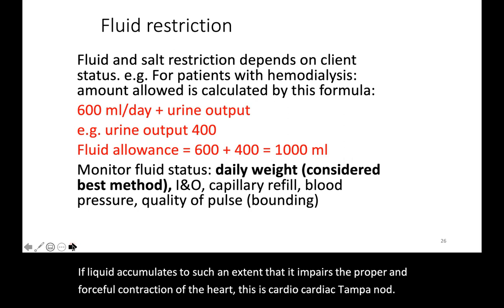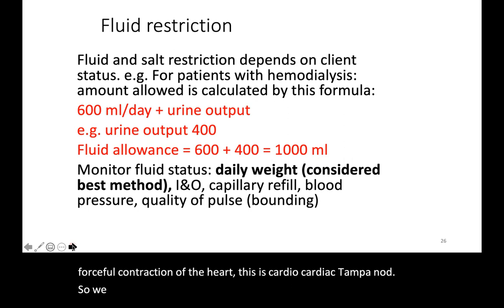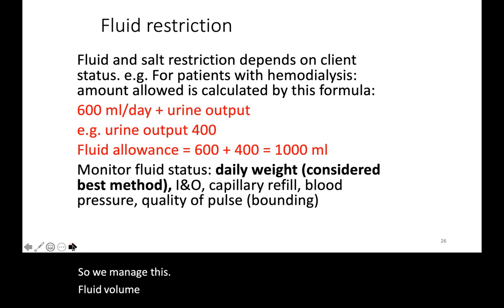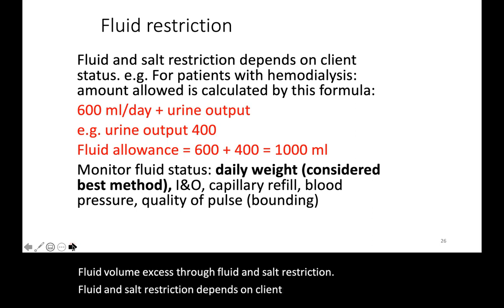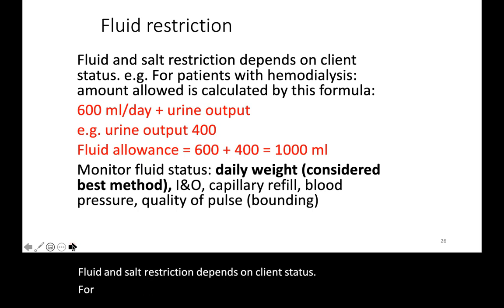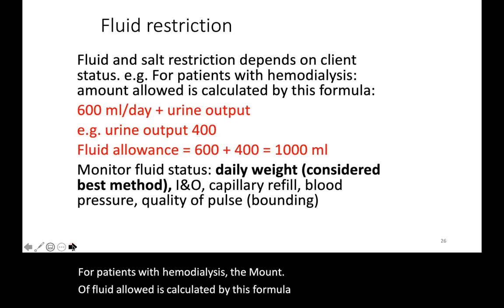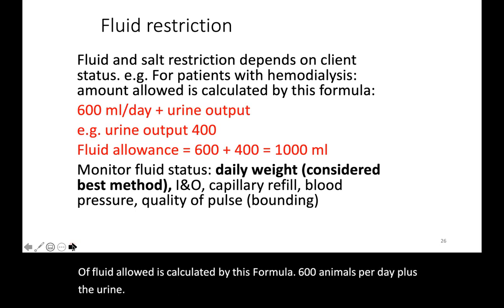So we manage this fluid volume excess through fluid and salt restriction. Fluid and salt restriction depends on client status. For patients with hemodialysis, the amount of fluid allowed is calculated by this formula: 600 mLs per day plus the urine output.